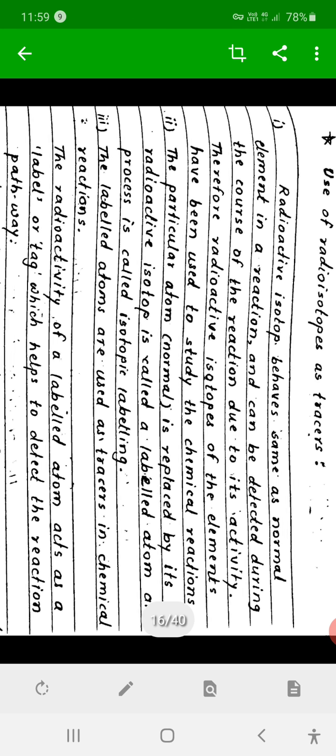Many elements exist in isotopic form. When an element exists in isotopic form, it means different types of atoms are present, where atomic number is the same but mass number is different. That is, they are different atoms.